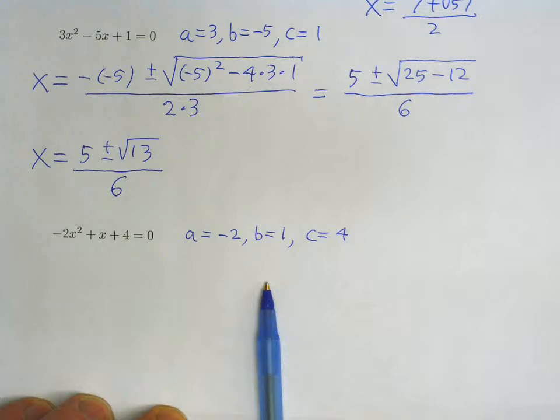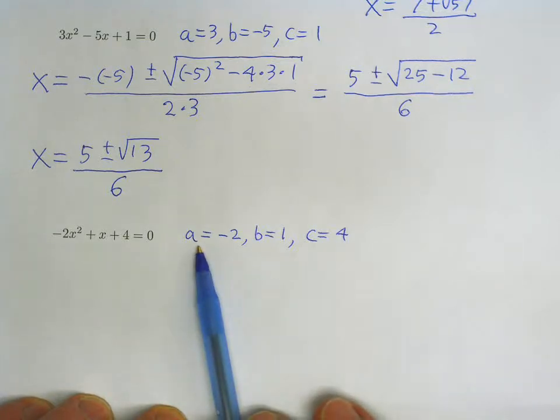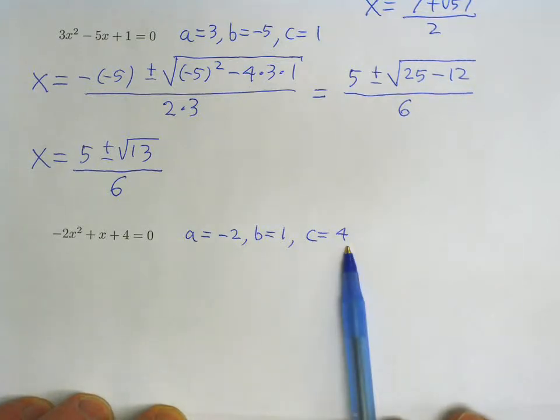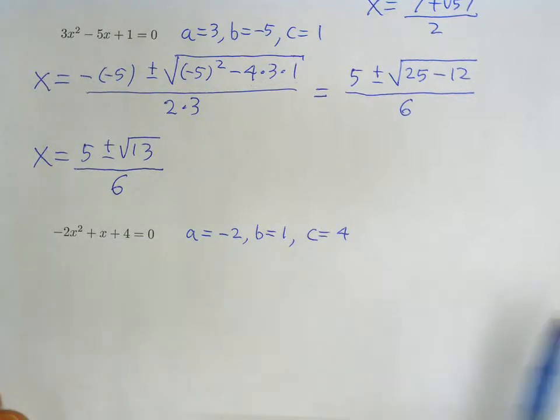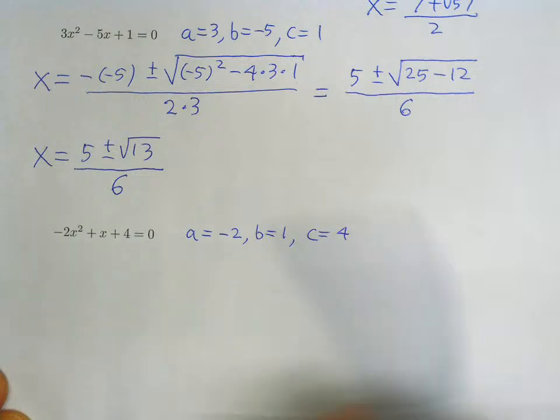So over here on the right half, I'm going to solve this equation using the quadratic formula. And then after we do that, I'll show you an alternative way to solve the same equation.